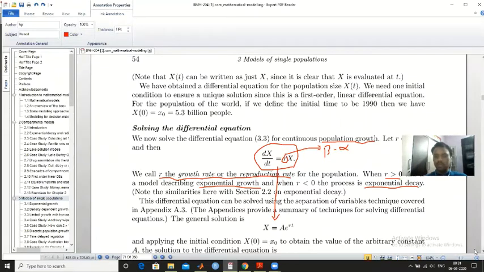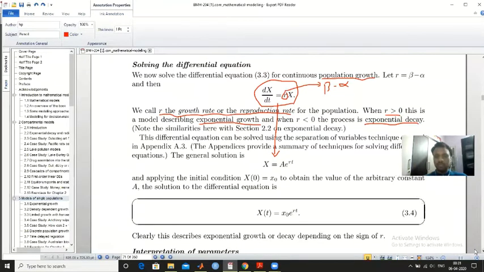So this is the solution, x(t) is equal to x naught e to the power rt. That's clear. So this describes exponential growth or decay depending upon the sign of r. We have already discussed it.